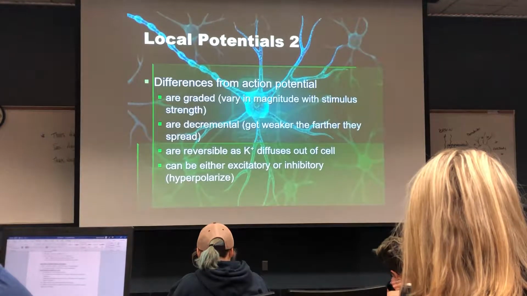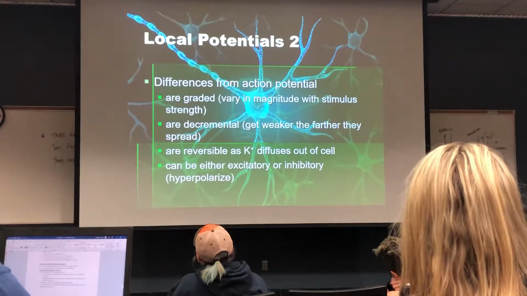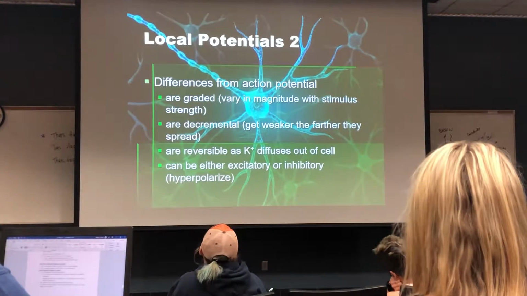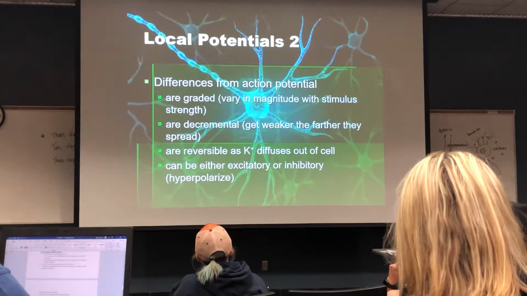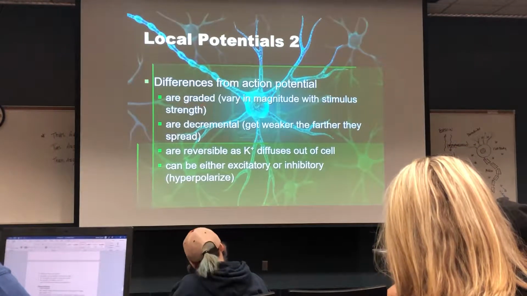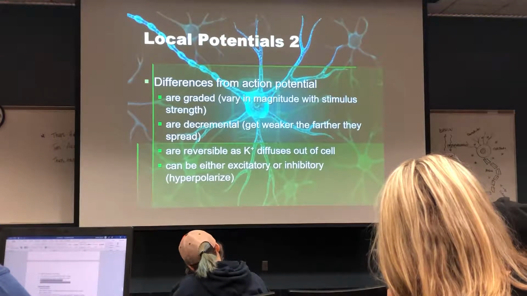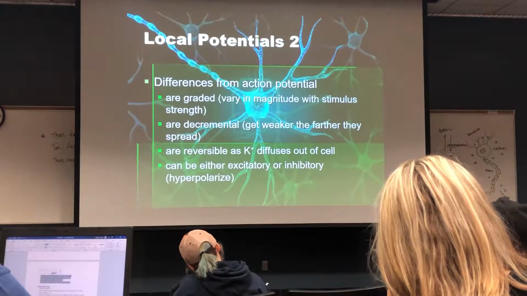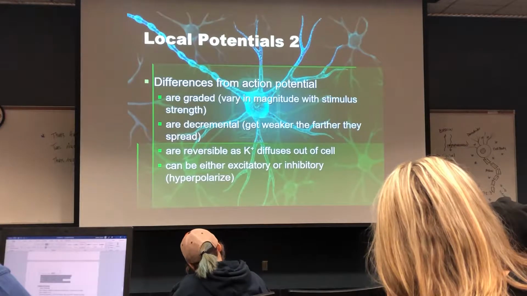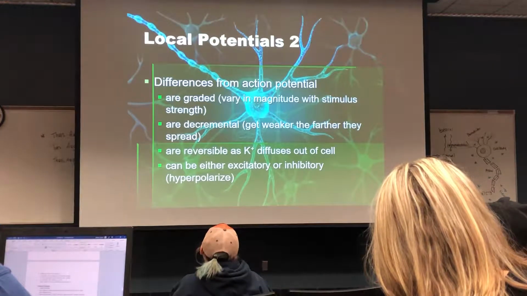Okay, so here are some college explanations between a local potential and an action potential. It says local potentials are graded, which means they can get stronger and weaker. Action potentials, no. It's just one impressive burst of electrical energy.